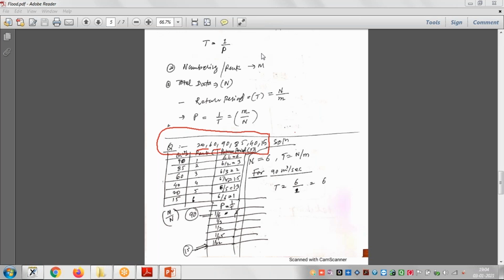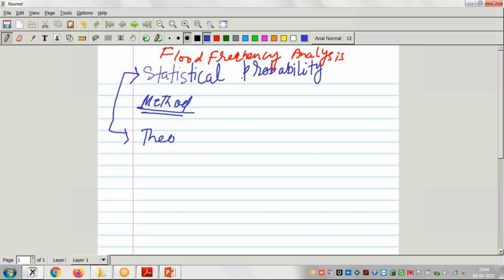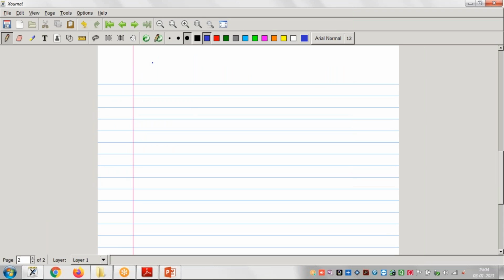So first of all, the method is: how to find the t value or p value for any number of data, say 500 or 100 years of data.